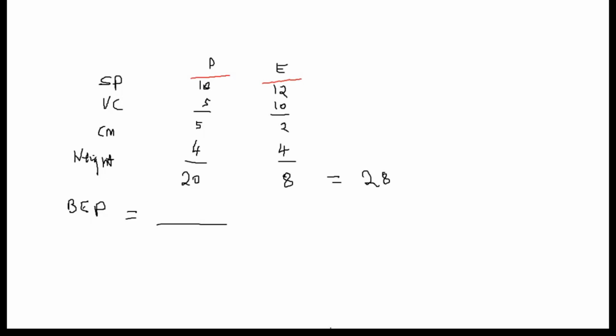Thank you. So 561,600 divided by 28, you get 20,057.